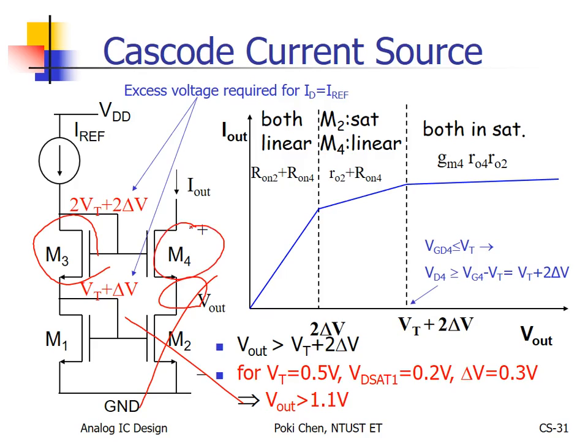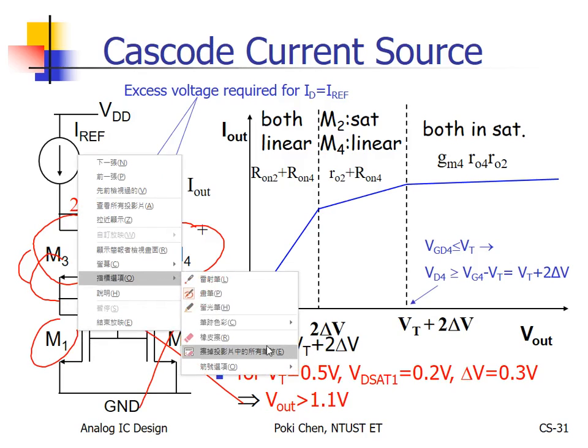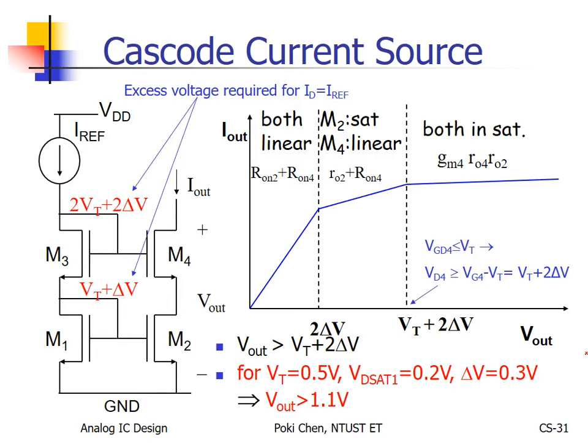M3 and M4, they face some kind of body effect because their body cannot be connected to the source because M3, M1 all on the same P substrate. So by nature, for P substrate process, that is the usual case. Your body and the body are already connected because they are the same P substrate.